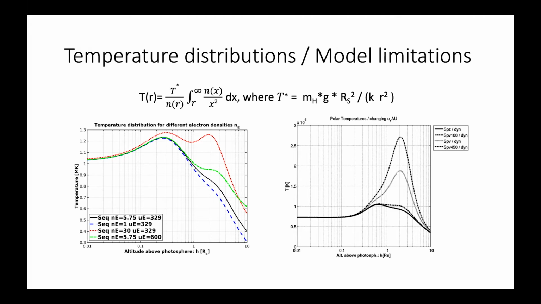So what these graphs basically mean is that there is a big difference in the temperature distribution. You can see very low down, even at 2 or 3 solar radii, depending on the measurements of the solar wind velocity, temperature and density you get at 1 AU.